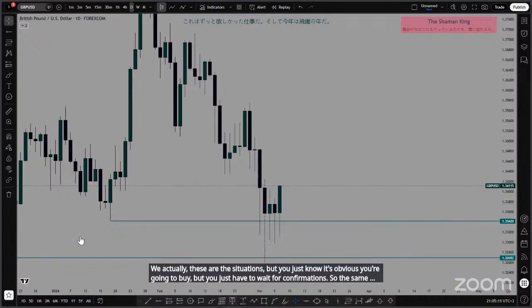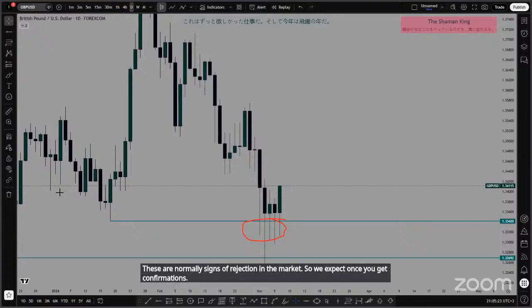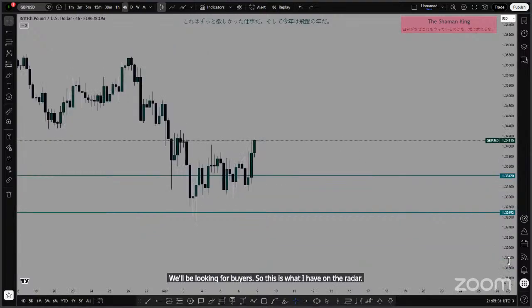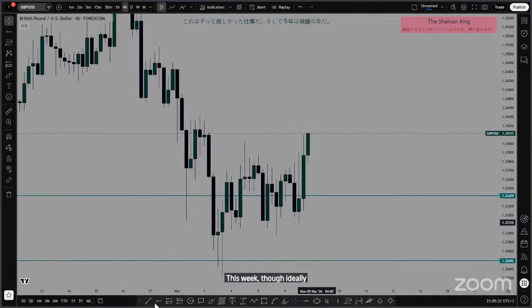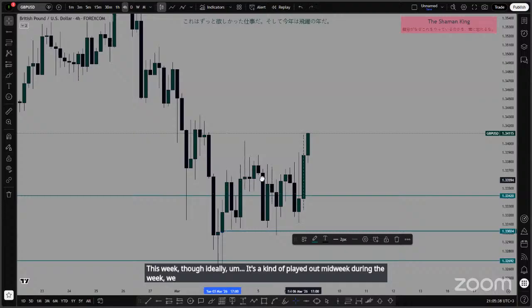These are normally signs of rejection in the market. So we expect once you get confirmations, we'll be looking for buys. So this is what I have on my radar this week. Though ideally, this one kind of played out midweek. During the week, we kind of consolidated. We didn't have a proper move.